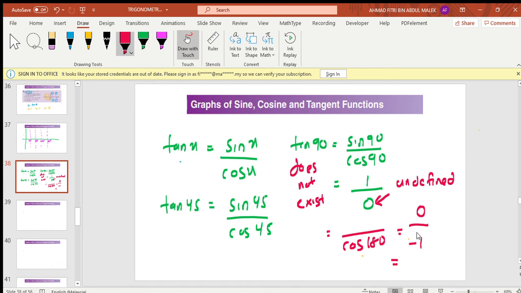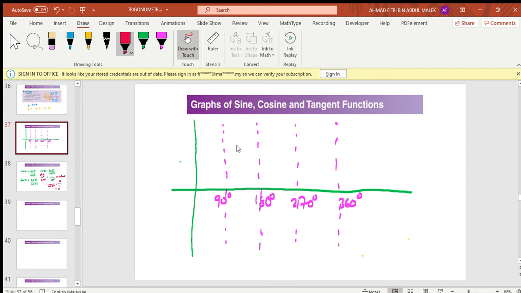Numerator 0 divided by -1 is 0. So it touches at 180. So we know that here the tangent graph won't touch, here it touches, here it doesn't touch. You can try it, here it will touch.